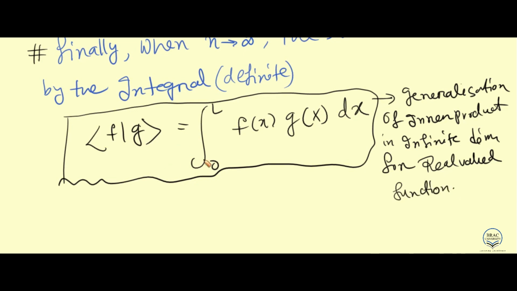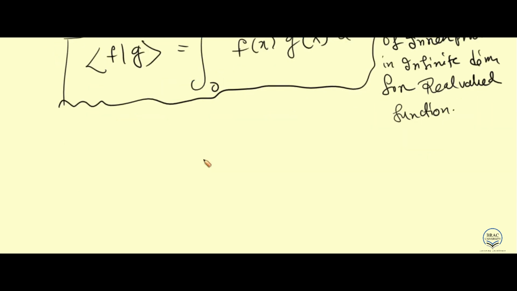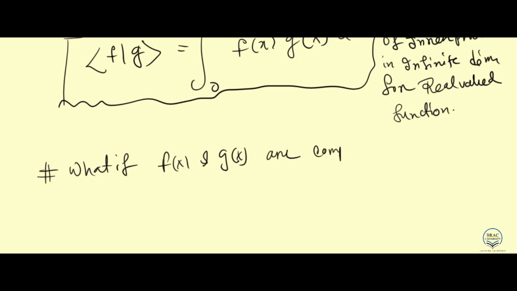Now what if f of x and g of x are complex valued functions, that is, they contain some complex parameters?